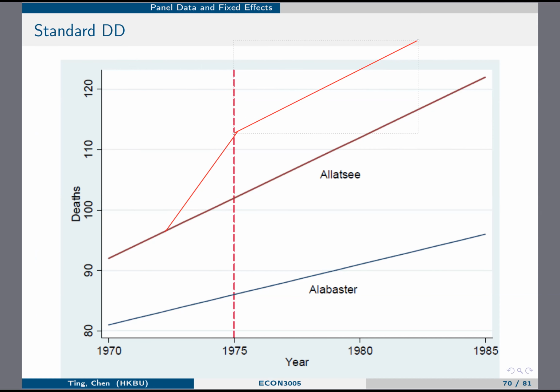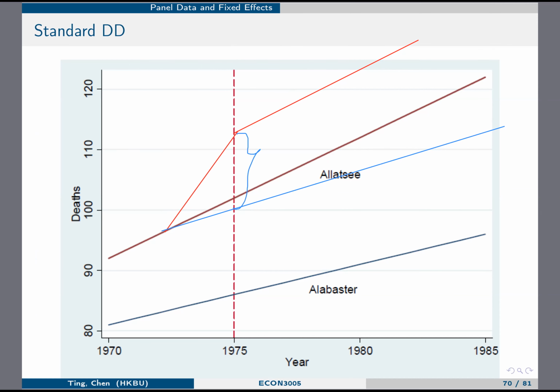And then at the same time point, we still use the control group to rule out the effects of the time trend. We draw a parallel line here. Okay. So this part will be the difference-in-differences estimate.